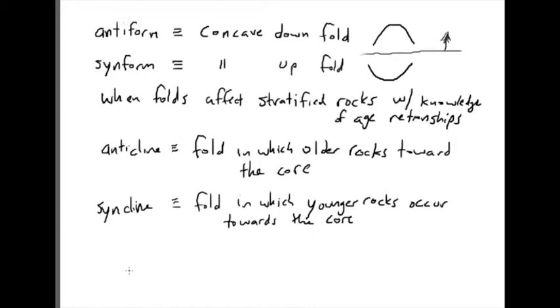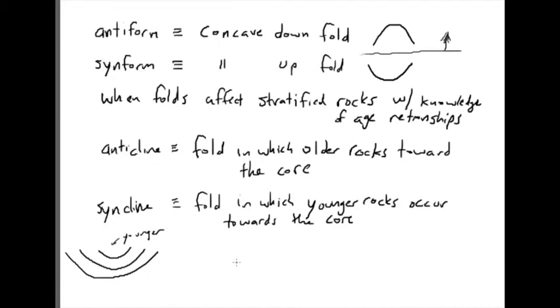Okay, so for an upright fold, where the rocks aren't flipped over or anything, this fold would be younger in the middle. This would be a syncline. So a typical syncline has a synform shape.